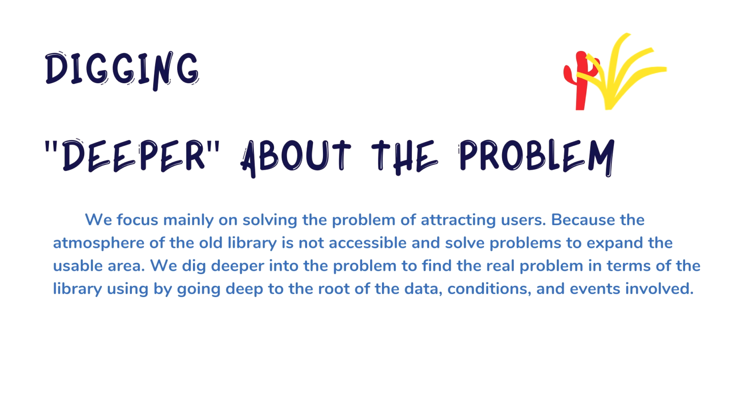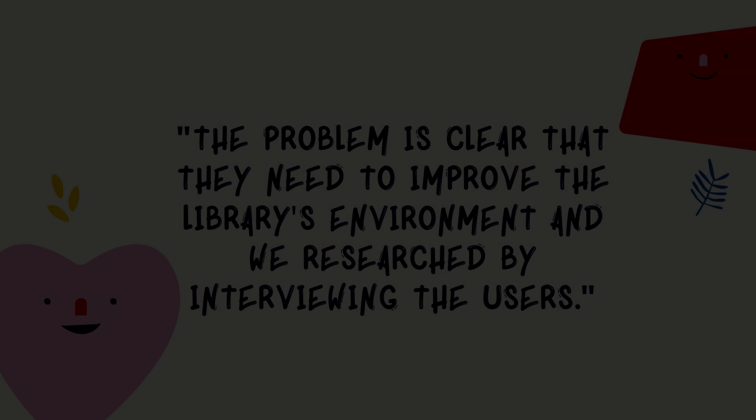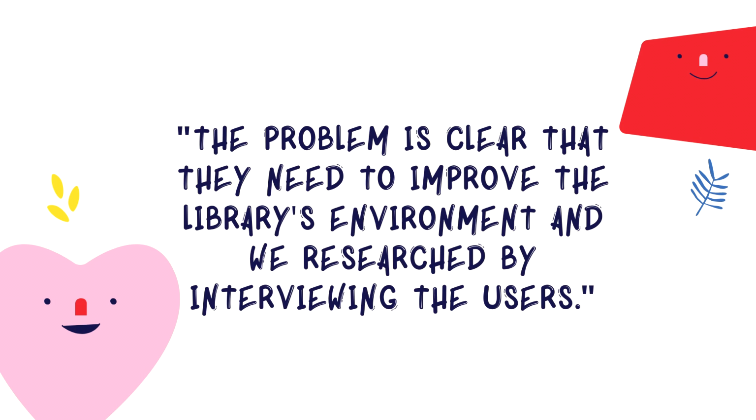We look deeper into the problem to find the real problem in terms of library usage. By going deep to the roots of the data, conditions, and events involved, the problem is clear that they need to improve the library's environment, and we researched by interviewing the users.